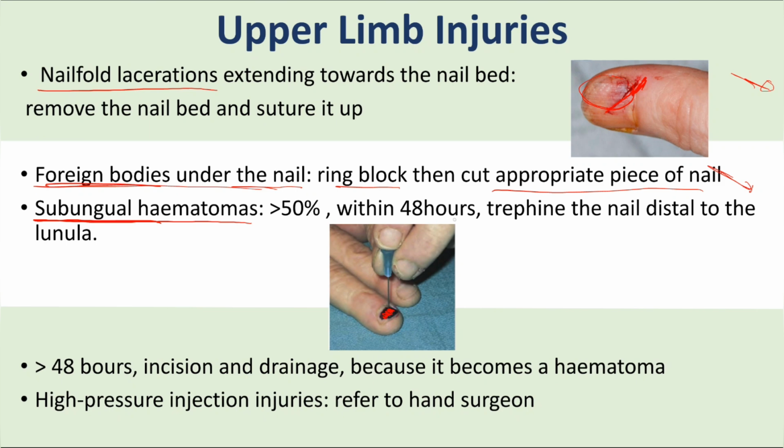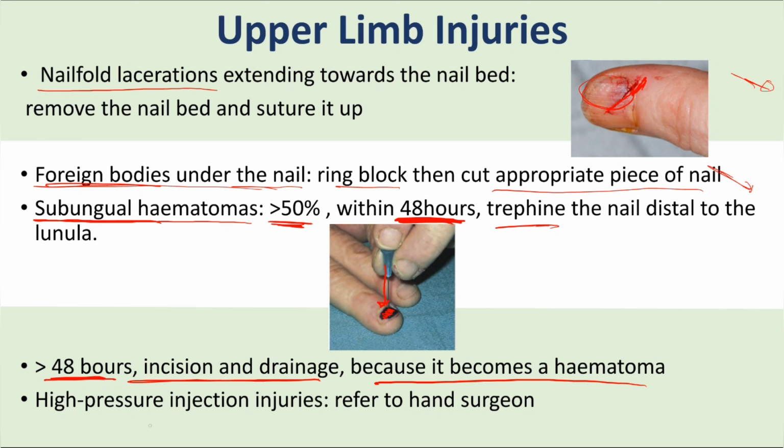If it is within 48 hours, in which the blood is still soft, and more than 50% involved, trephine the nail: insert a needle inside the finger and the blood will come out. If it is more than 48 hours, because it becomes a hematoma, it needs incision and drainage by the orthopedician or by any other physician.